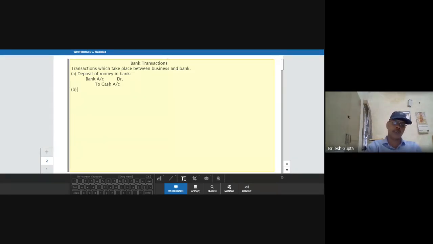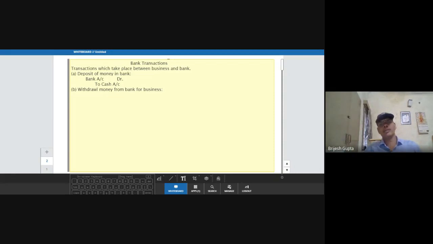Second transaction is withdrawal of money from bank for business. Whatever money we deposit in the bank, we withdraw whenever we need.